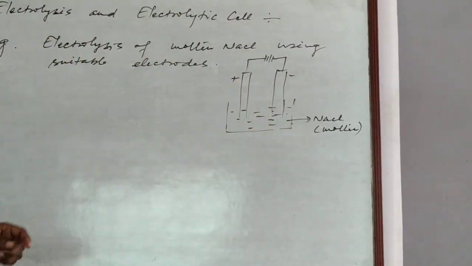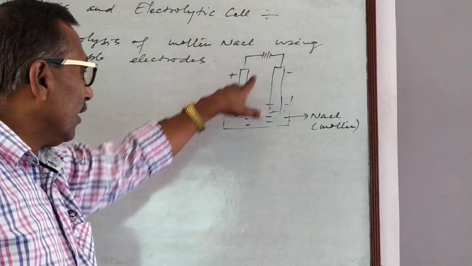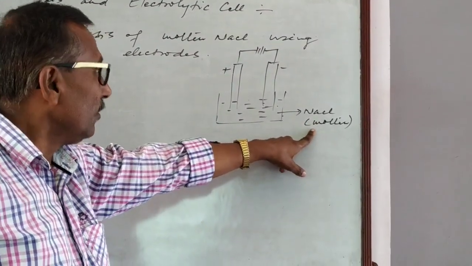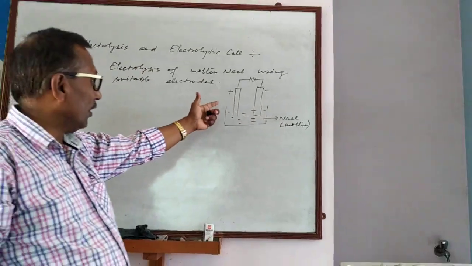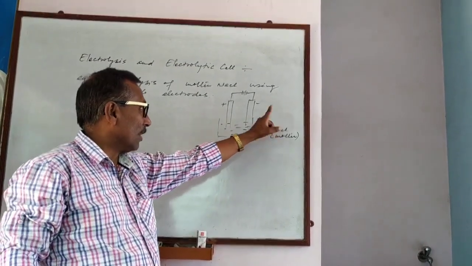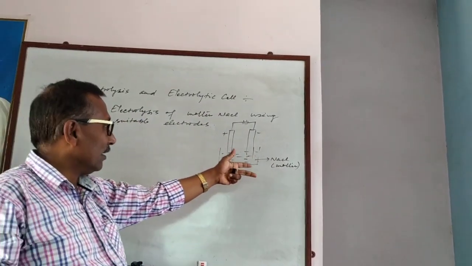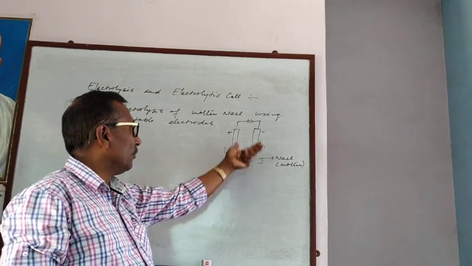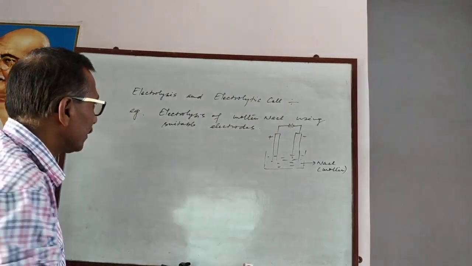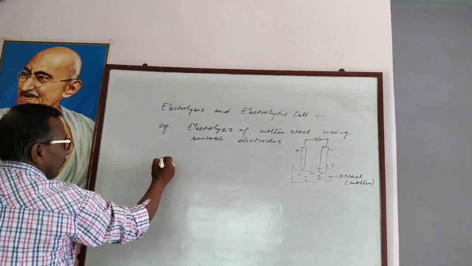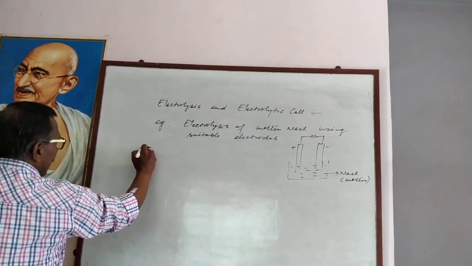Now, with the passage of electricity, molten NaCl breaks down into sodium cation and chloride anion, and at the same time they begin to deposit at their respective electrodes, and this is shown by this reaction.